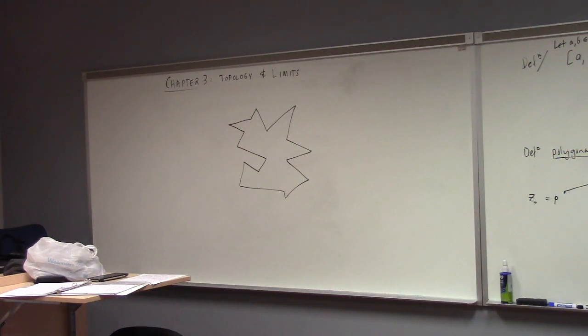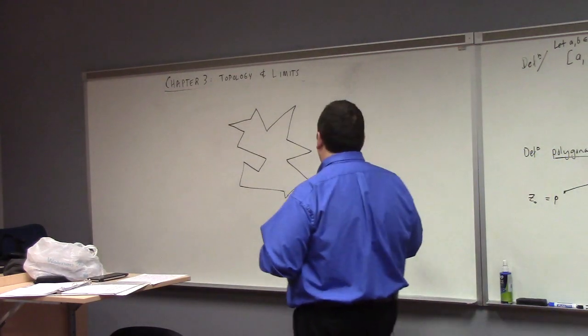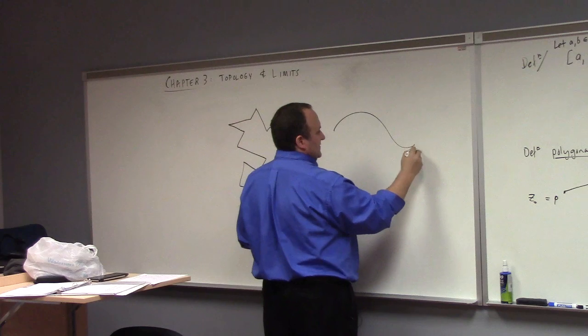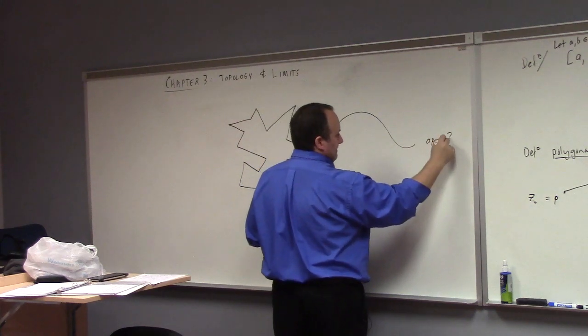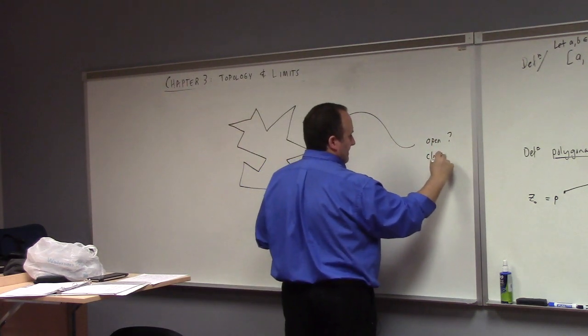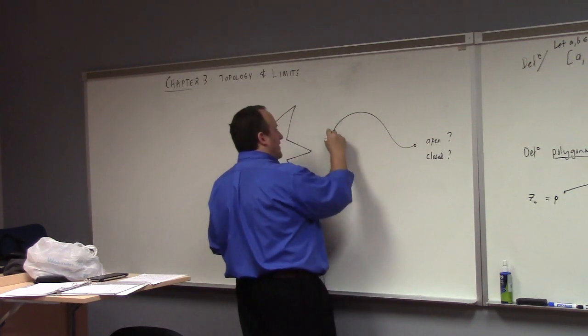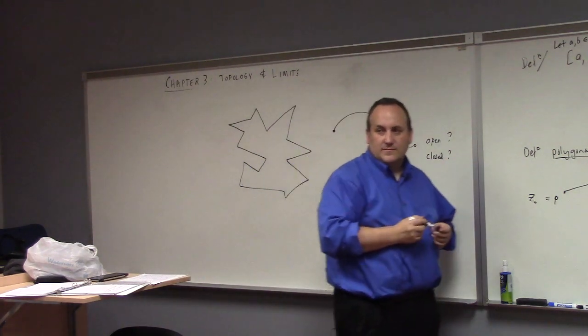Is it open? Is a curve open or closed? What if you just have a curve? When I say a curve, I mean the set of points which it covers, right? If I take this path here, is this open or closed? Are the endpoints part of the set? There you go. I'll include that one and exclude that one.